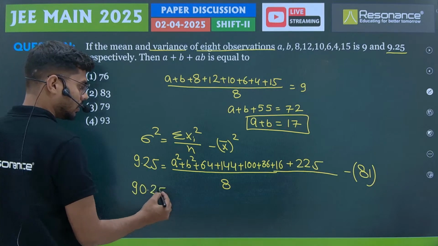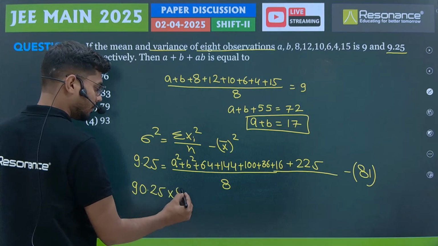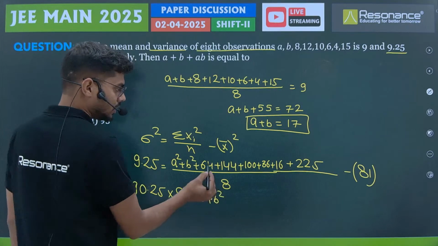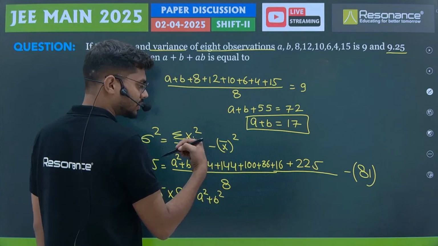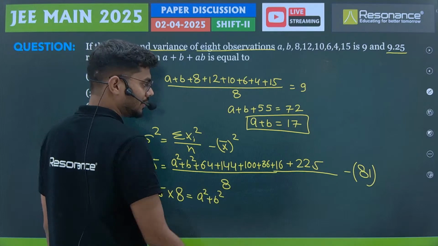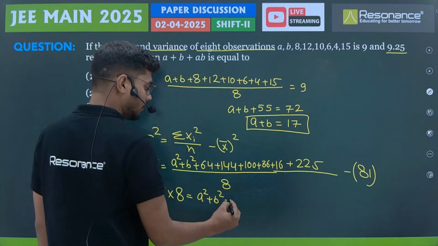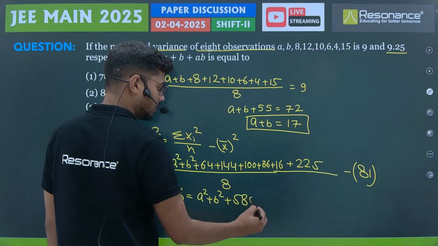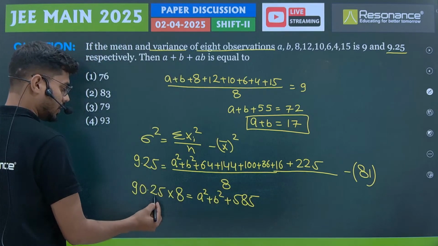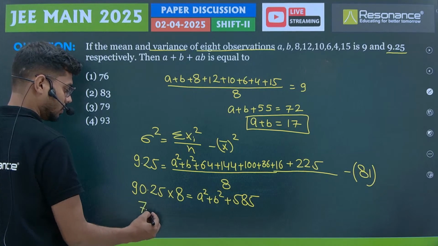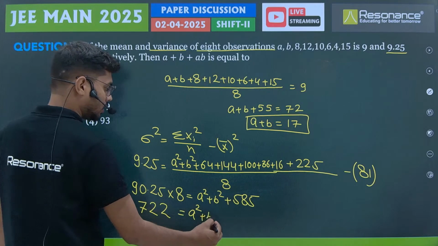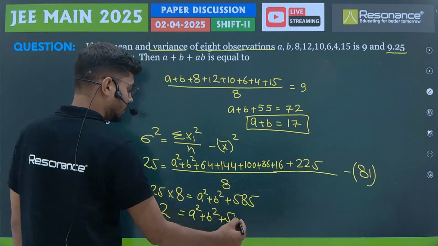It is going to be 90.25 multiplied by 8, which is a square plus b square plus the other terms. What is this? 64 plus 36 is 100, 100 plus 100 is 200, 344 plus 360 is 585. That should be 722 equal to a square plus b square plus 585.